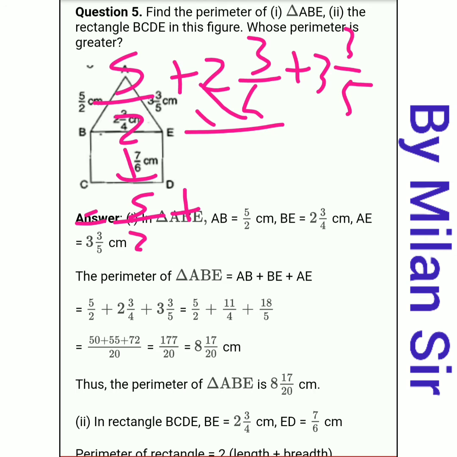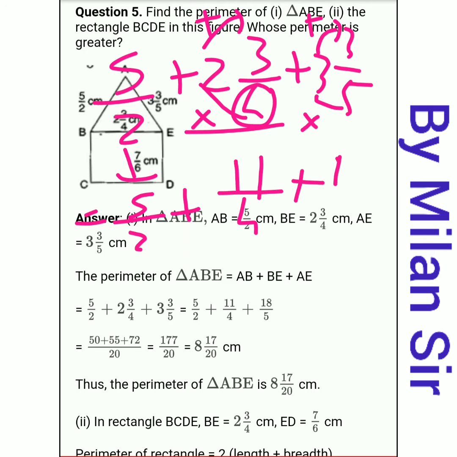So 4 2s are 8, plus numerator 3, it is 11, and denominator 4 as it is. Same thing in the third term, 5 3s are 15, add the numerator 3, it is 18, and divide by 5 as it is.